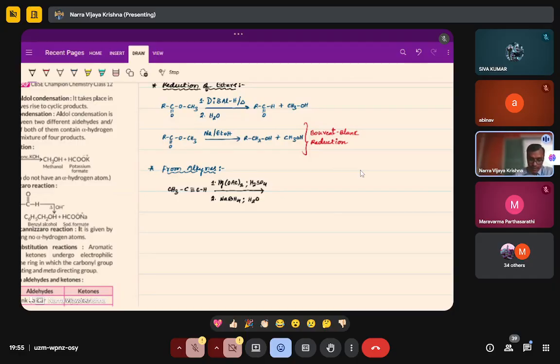We call this oxymercuration-demercuration reaction.